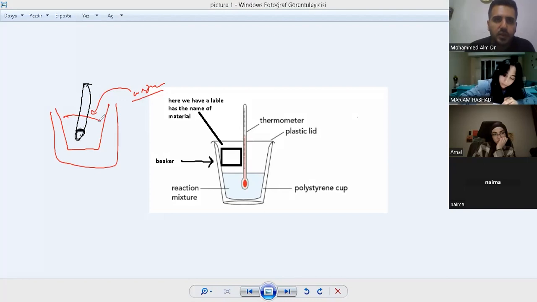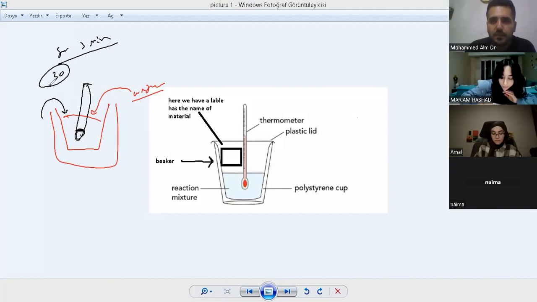We measure the temperature for 3 minutes, at different periods of time, each 30 seconds. Each 30 seconds, guys, we measure the temperature.